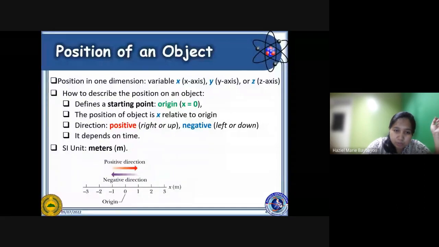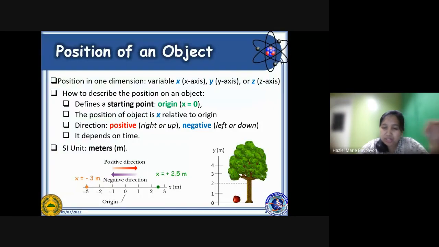And then we have this orange dot here. Its position with respect to the origin is negative 3 meters because it is to the left of the origin. Okay? So its distance is 3 meters, but since it is on the left, you have negative 3 meters.